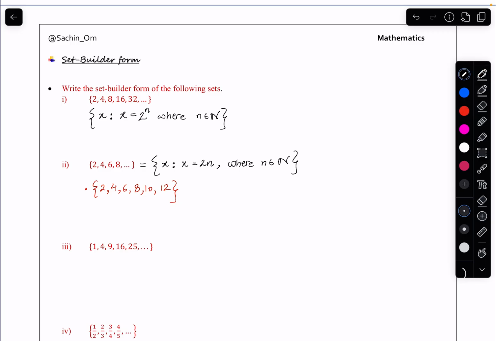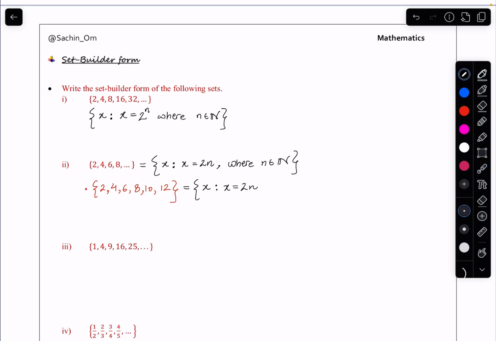Just like the last one, we are collecting all those x which are of the form 2n, it's a multiple of 2. Now this time, unlike the last question where the set of natural numbers was there, my n is going to be finite in number. There are only finitely many elements in here. So these n are going to be finite in number as well.